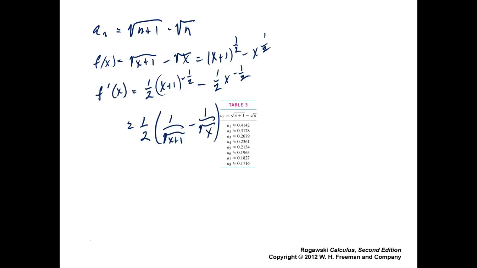Yeah, no, that's right. Okay. Because pick any x, 5. This will be 1 over square root of 6 minus 1 over square root of 5, right? Well, if you have a larger denominator here, and all numerators are 1, then this number is less than that number.